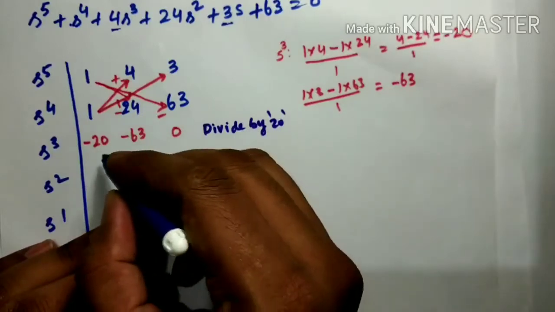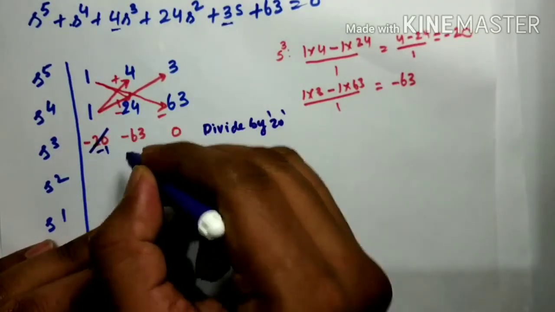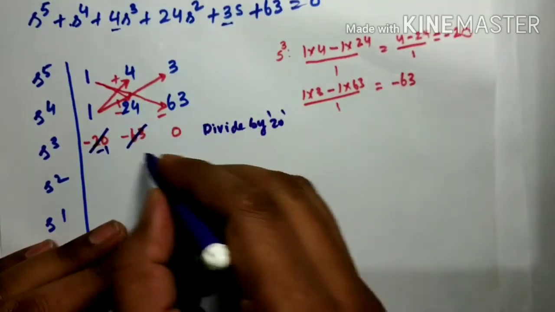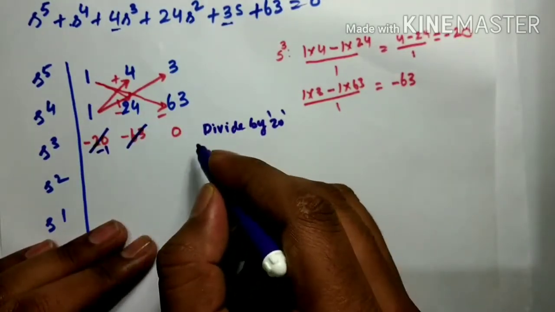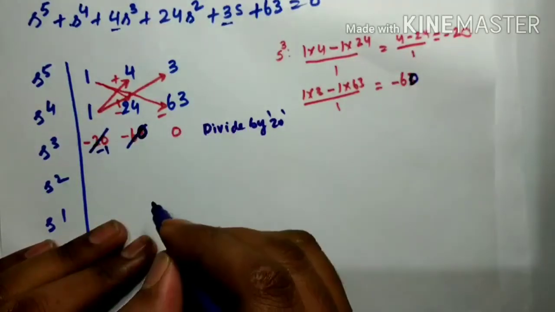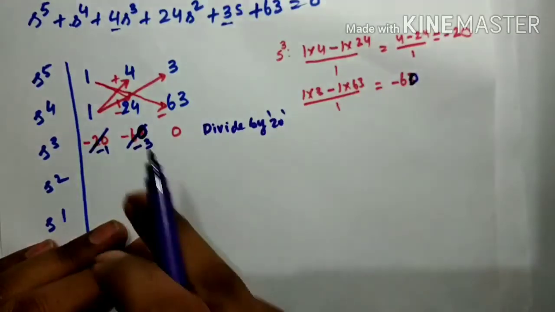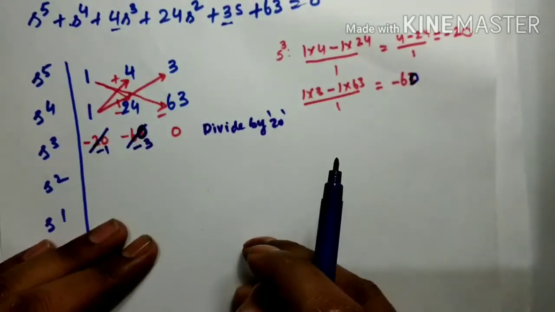So I'm going to divide it. Minus 20 becomes minus 1. Sorry, this is 60, this is 60, so this becomes minus 3. So minus 1, minus 3, right?